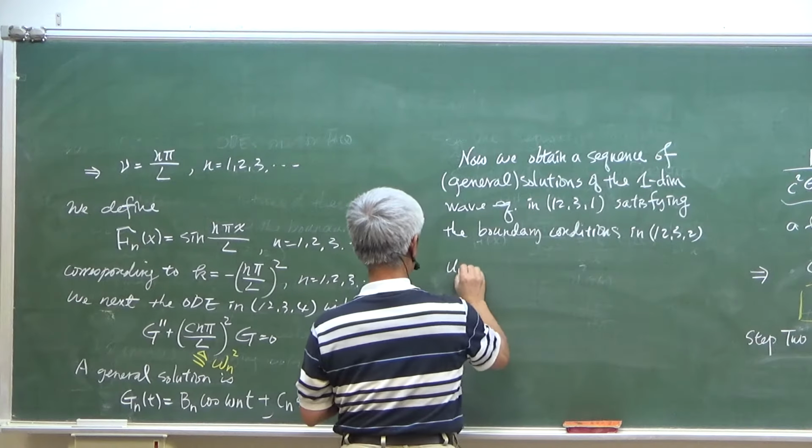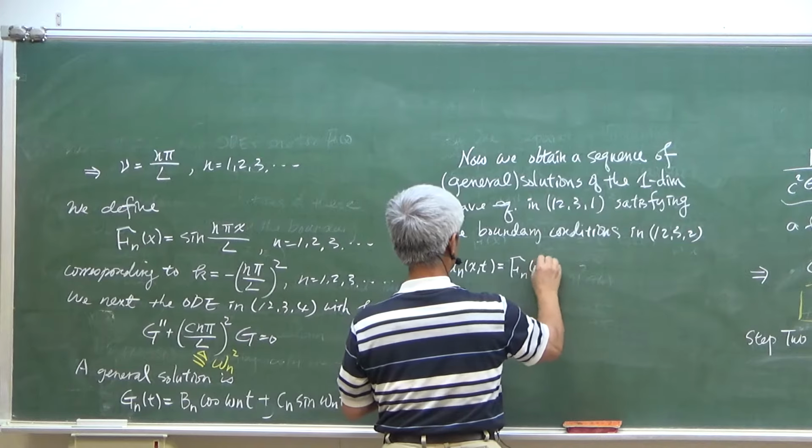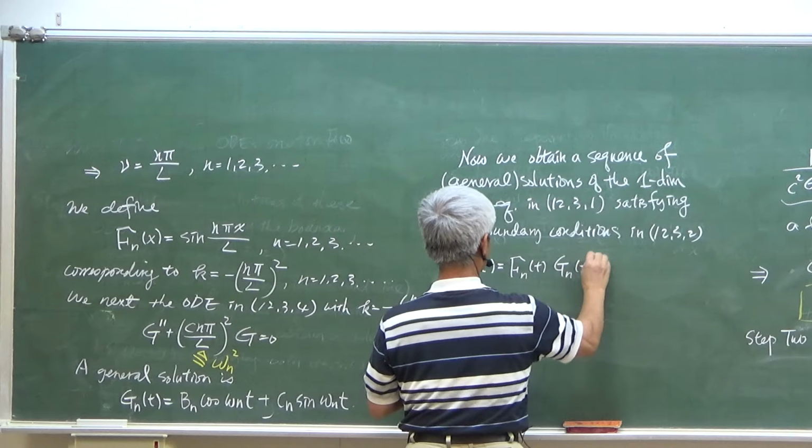So we have u n of x, t, which is equal to f n of x times g n of t.